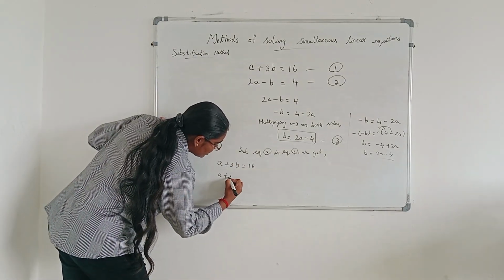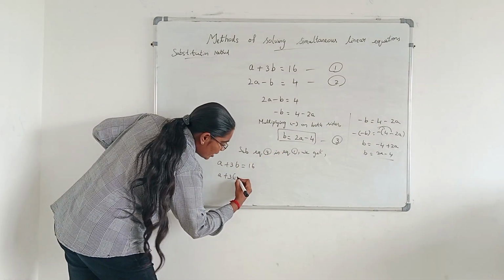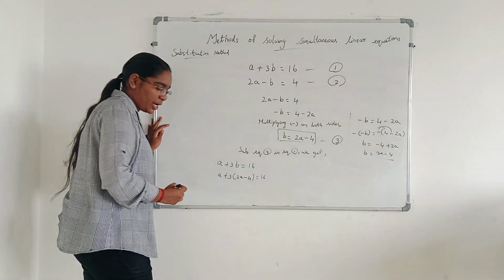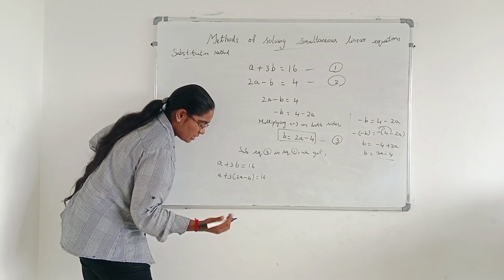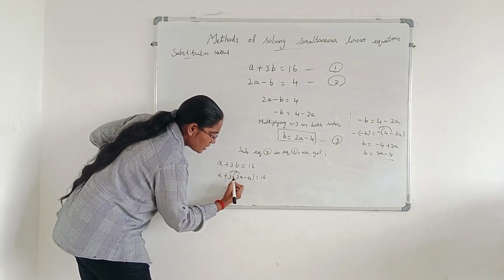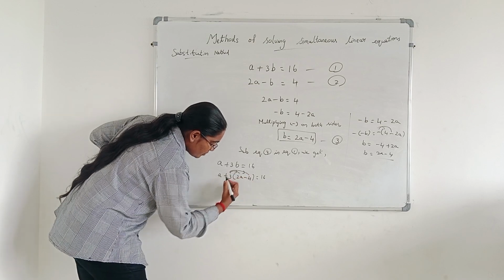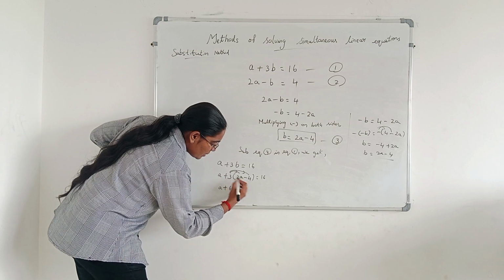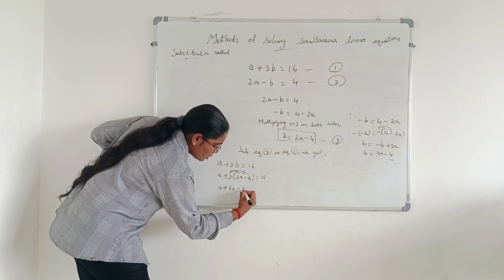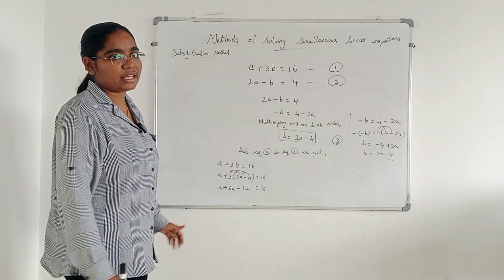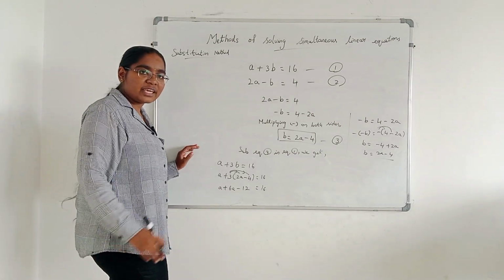So a plus 3 into, what is the value of b? 2a minus 4 equal to 16. Okay, these two are in product. So we have to individually multiply the first term with this term and the first term with this term. Right? So a plus 3 2s are 6a, plus 3 into minus 4, 3 4s are 12, minus 12, equal to 16. Then by the transposition method you can solve and find the value of a.